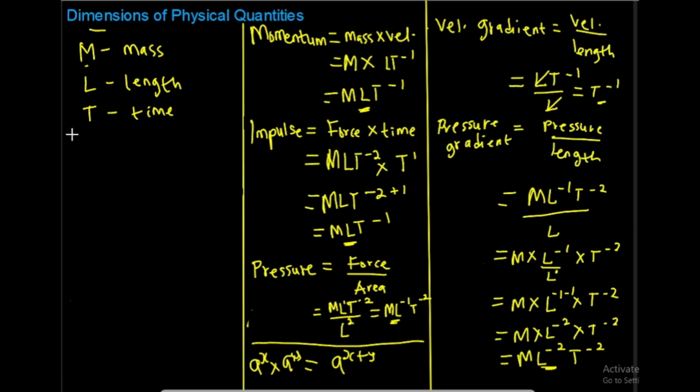Next, we are going to take the dimension for coefficient of viscosity. Coefficient of viscosity has the formula: force over area times velocity gradient.